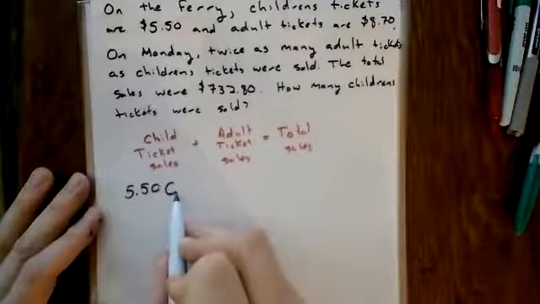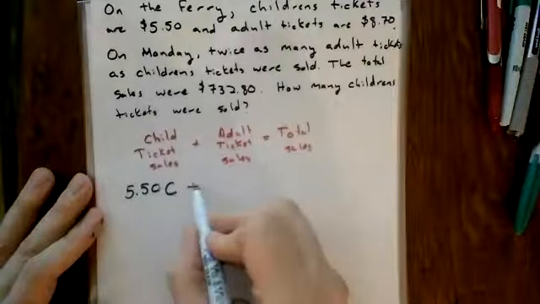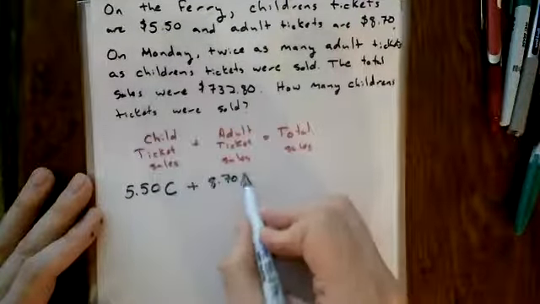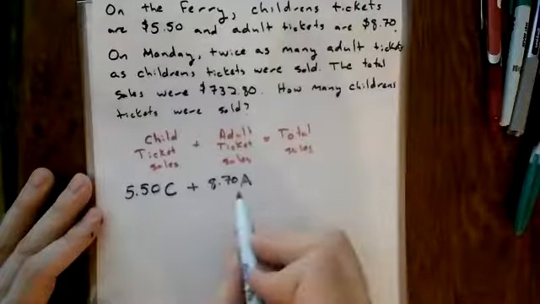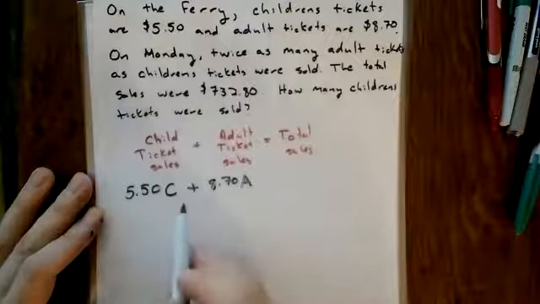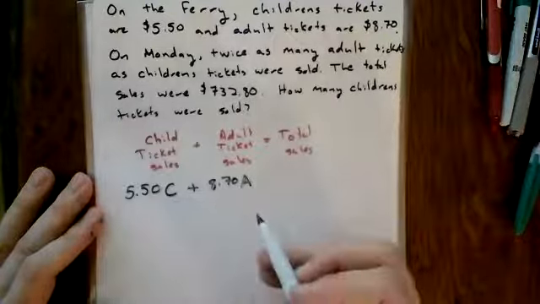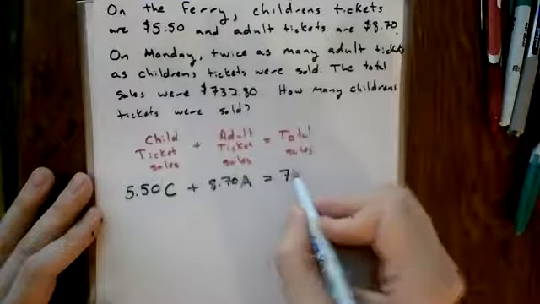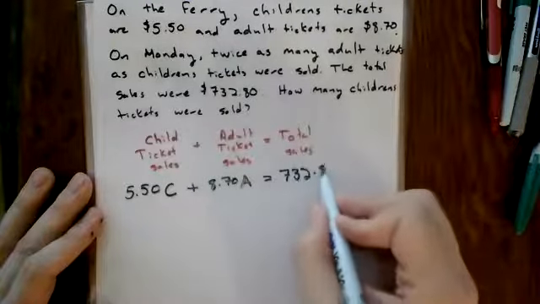That's going to make it really easy to differentiate from, say, my adult tickets, my 8.70A. It's pretty obvious looking at this which is going to be children's tickets and which is going to be adult tickets. Okay, my total sales, $732.80.